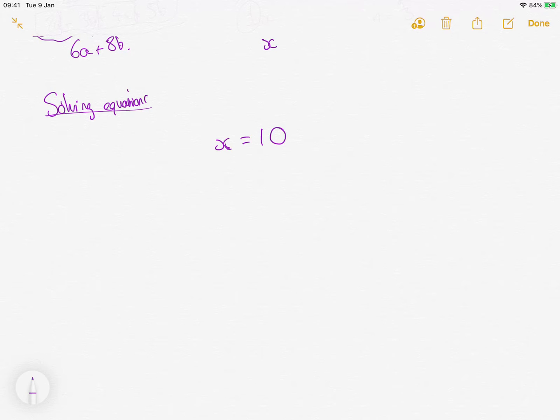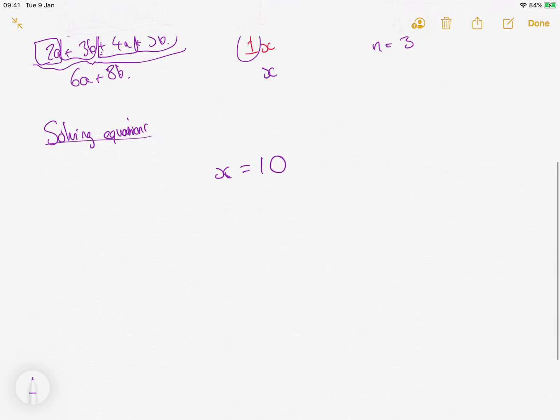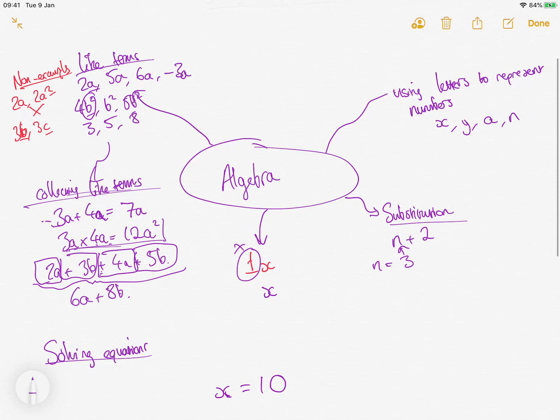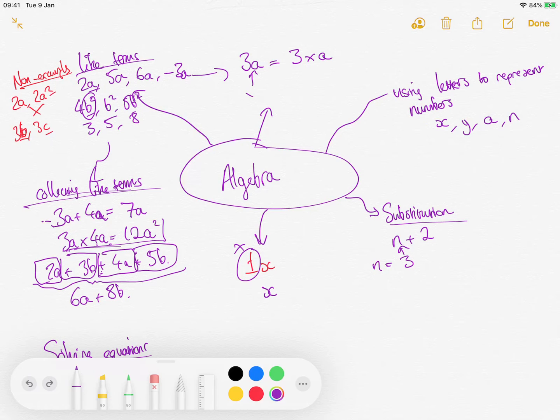Something else I wanted to add up here, building on this a bit, is that if you've got a letter next to a number, then that's the same as saying 3 times a. Remember, we don't put that times sign in there to make our lives a bit easier, and so we don't have many x's in there.